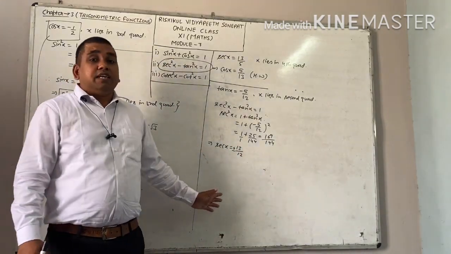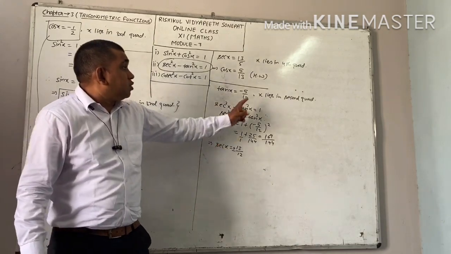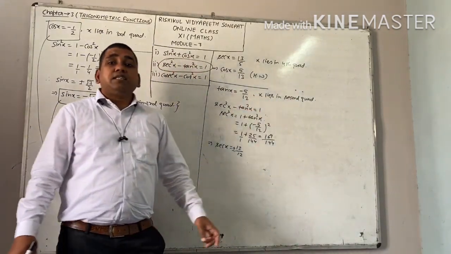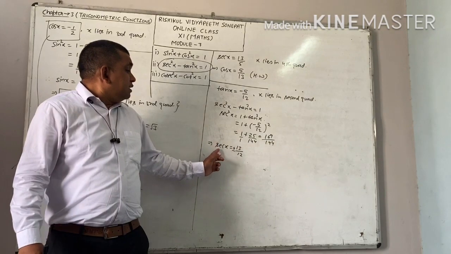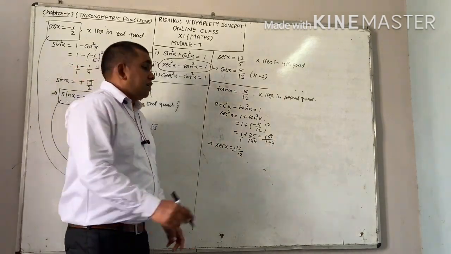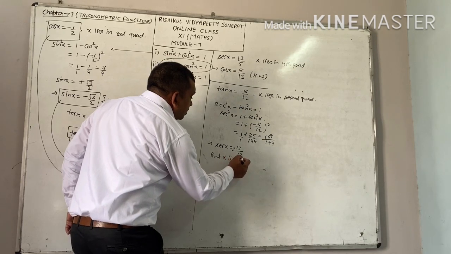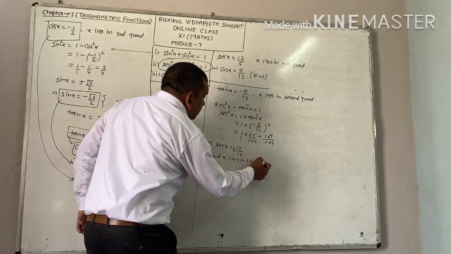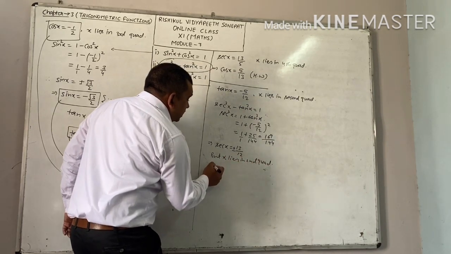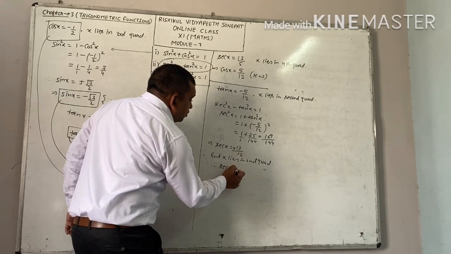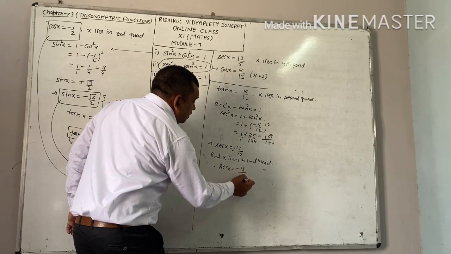Now which sign will we take? It depends upon the quadrant. X lies in the second quadrant and we know very well that in the second quadrant secant is negative. You will write like this, but x lies in the second quadrant, therefore secant x equals minus 13 by 12.